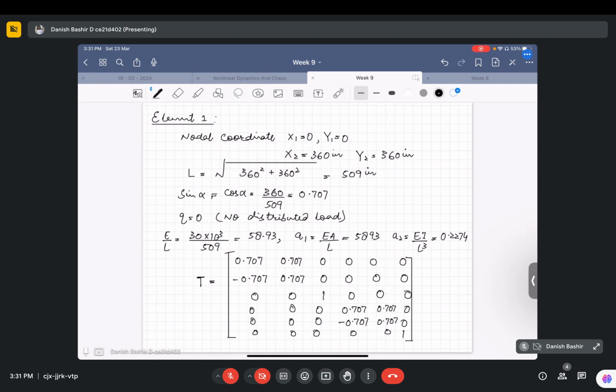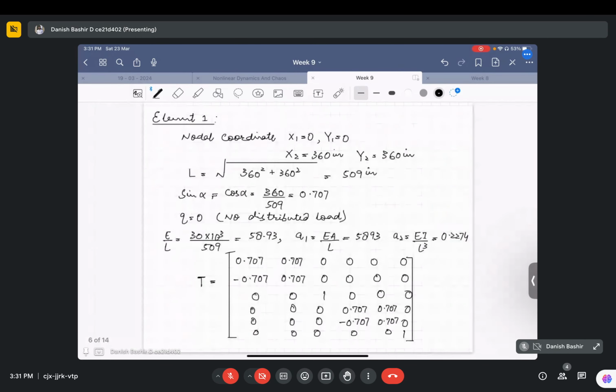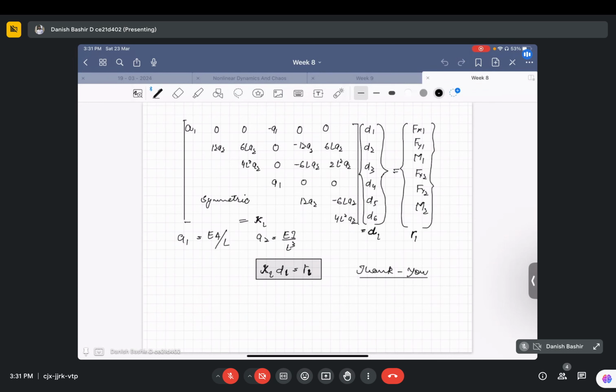So I will directly write the stiffness matrix for this element 1. First you have to compute KL. KL is given by this matrix, I will copy it from here.